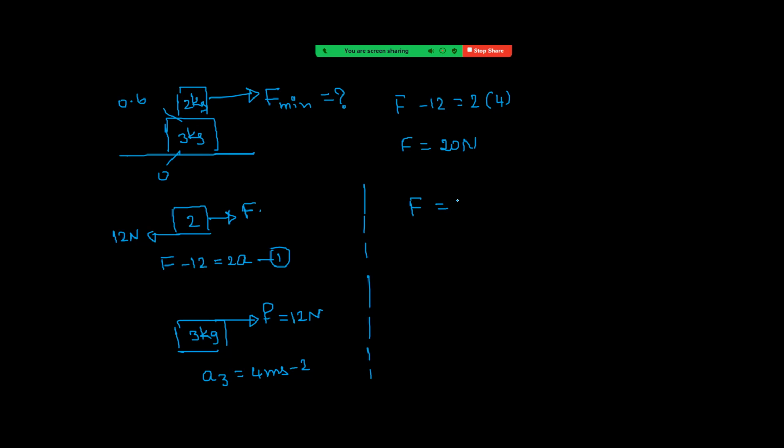Net force equal to total mass 5 into acceleration. For the 3 kg block, maximum acceleration is 4, that is when friction is maximum. So we can write directly 5 into 4, that is 20. Like this, we can solve problems.